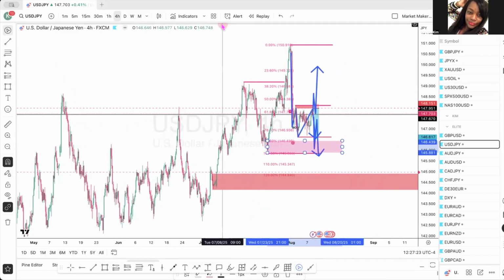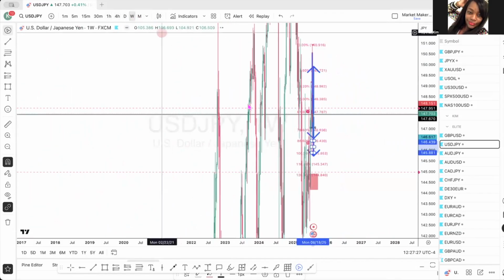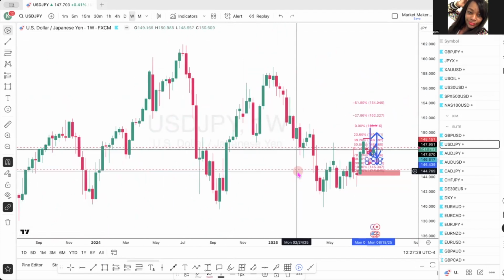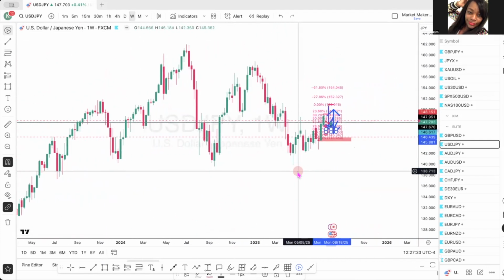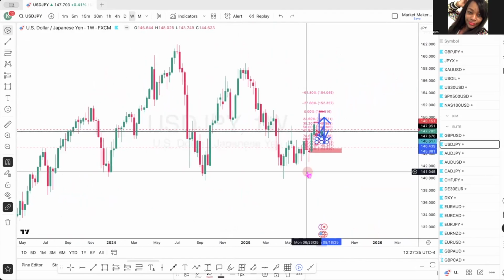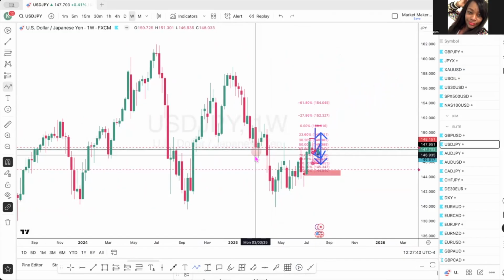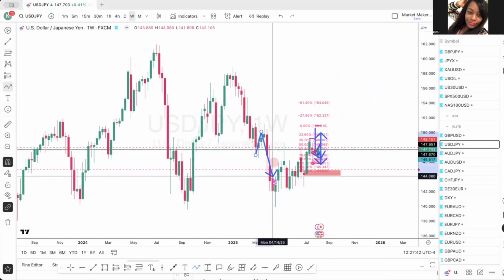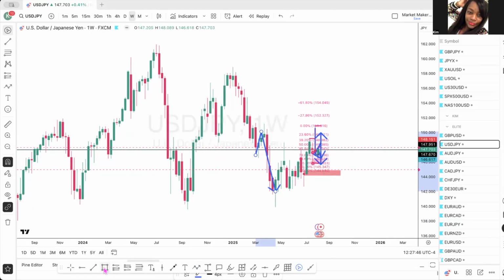But right now, if I go to the higher time frame, let's see. Based on the higher time frame, we're in this current sell structure right here. And I'm just going to put a line for now.